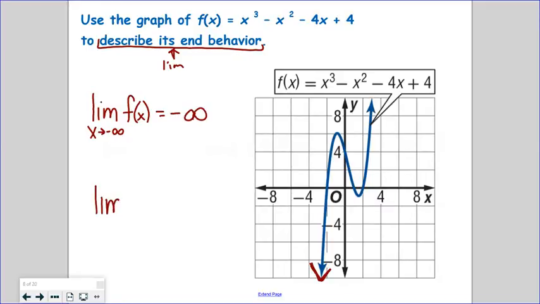And then I do that again to go to the right. Limit of my function as x approaches positive infinity, to the right. Go to the right-hand side of my graph. The very farthest right my graph goes is right here. Where is it pointing? It is pointing up, and up is positive infinity. So this is left, and this says right.